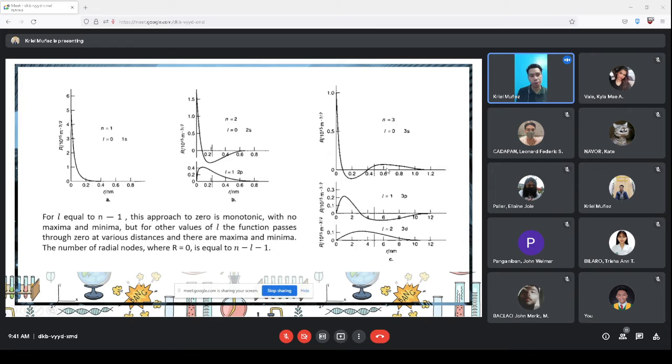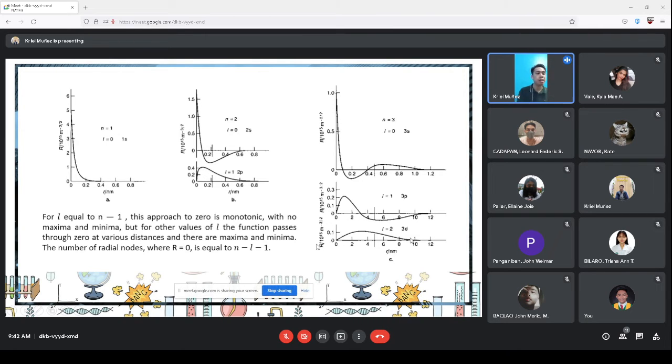Then this is our minima and this is our maxima, before it proceeds to approach 0. And then we have L is equal to 1, same thing: we have 1 and then 2. And for L is equal to 2, for this one it looks like just 1.